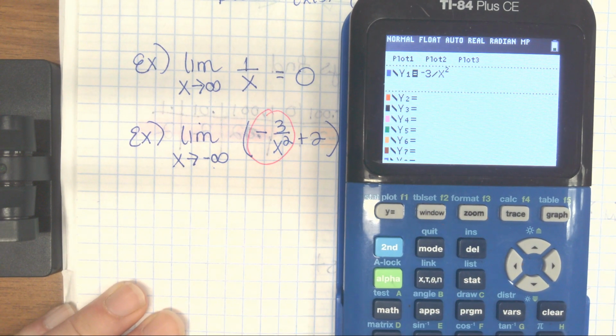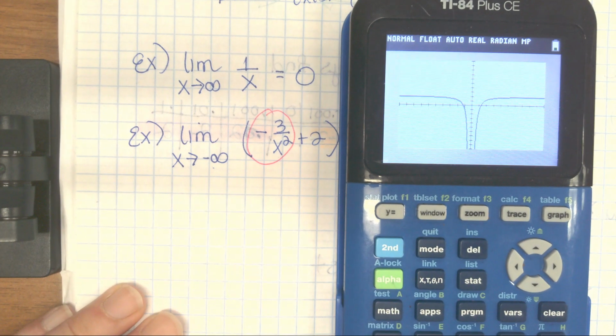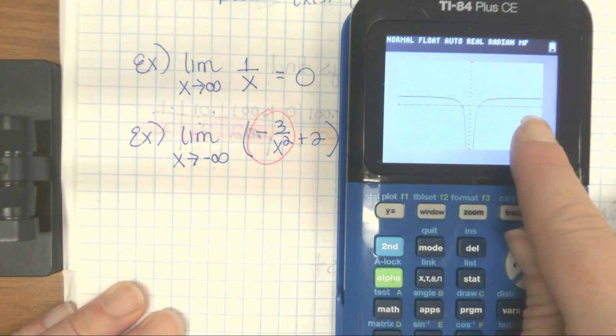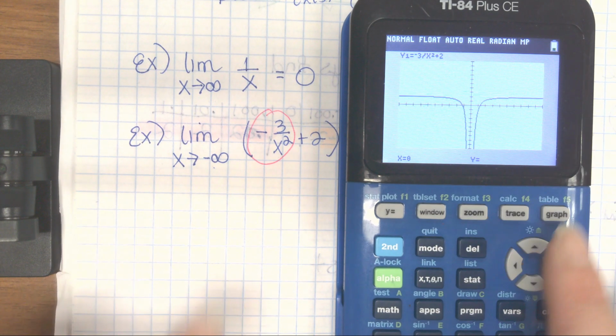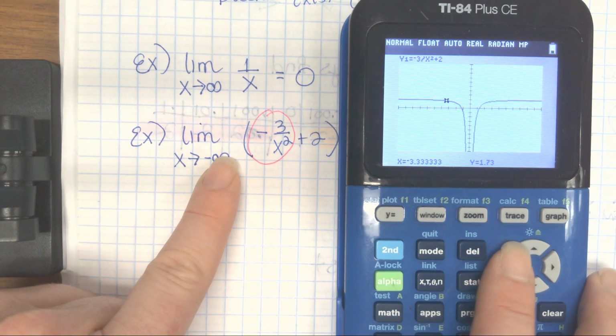So there's my negative 3 over x squared, and then there's my plus 2. I'm going to go back to standard viewing again. Do you see that horizontal line at 2? As x goes, this time I wanted to go to negative infinity. If I traced, here we go.